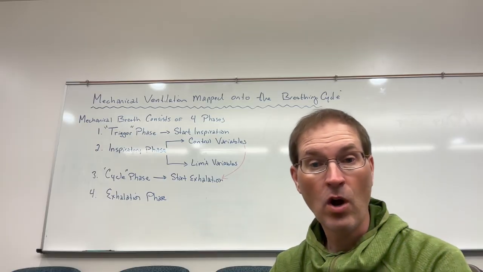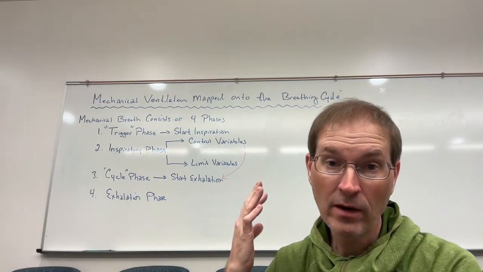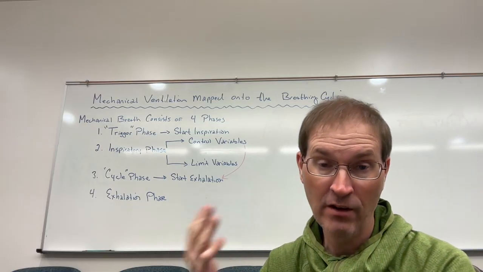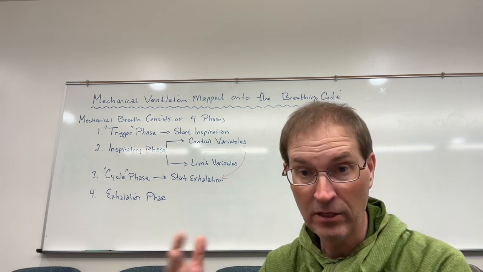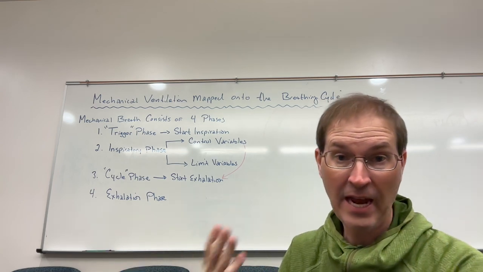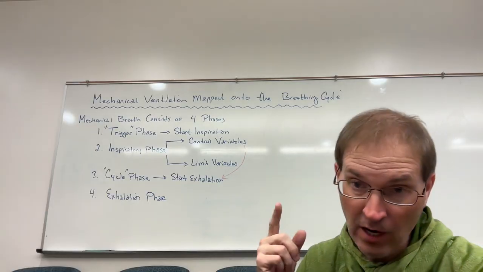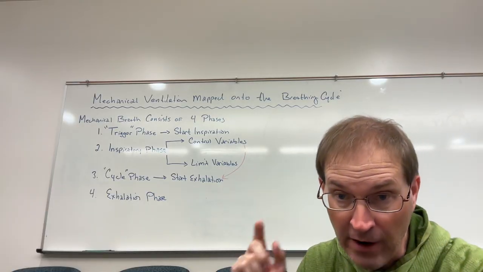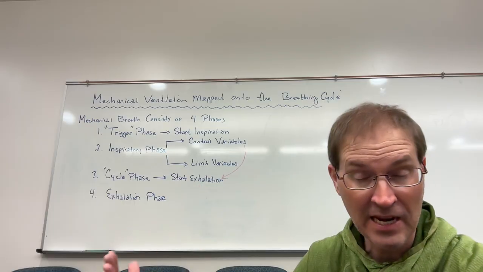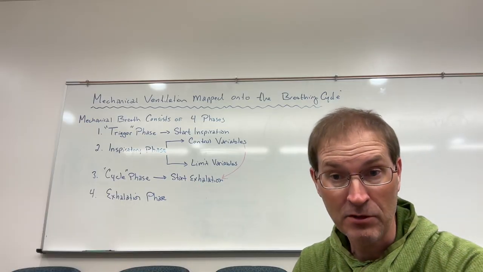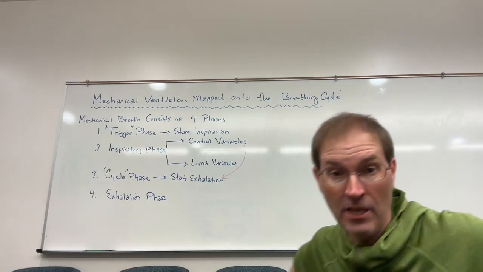So that gives rise to four major phases of a mechanical ventilatory breath. The terminology I'm going to present here is very important for understanding additional concepts that we're going to talk about in subsequent videos.